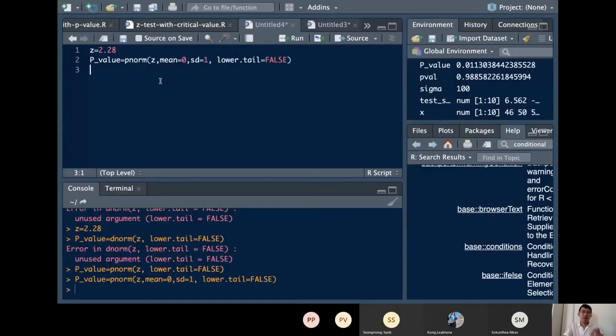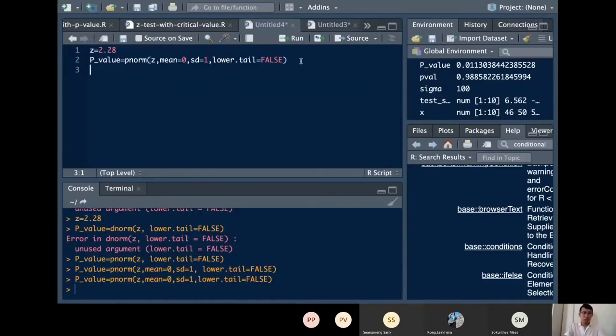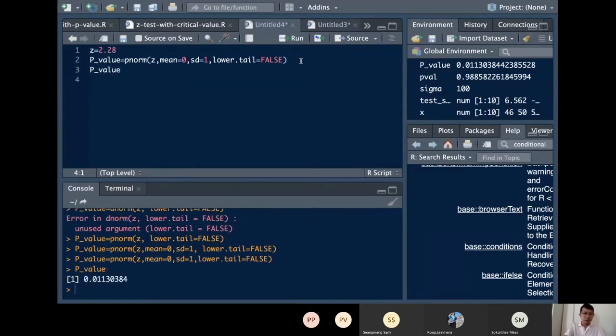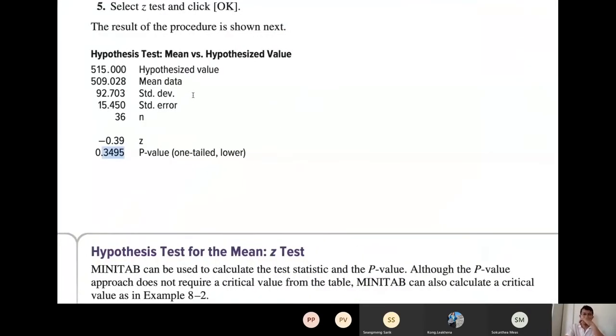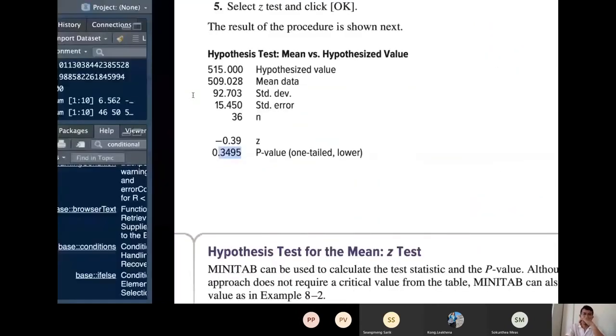I'm sorry, we forgot to specify the mean and the standard deviation. And then in this case, the p-value is this. We found it to be 0.011.